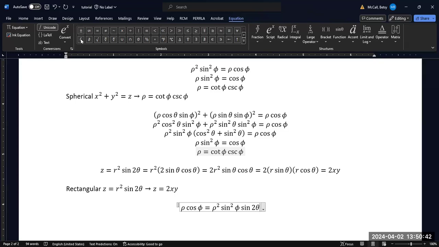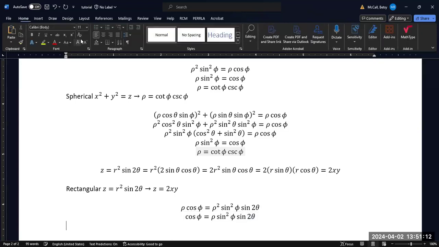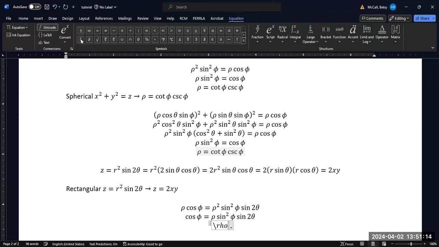We want to solve for rho in spherical, so we're going to divide everything by rho cosine phi is equal to 1 rho, and then sine squared phi sine 2 theta. And then if we're going to solve for rho, then we're going to have to just move everything over to the other side.